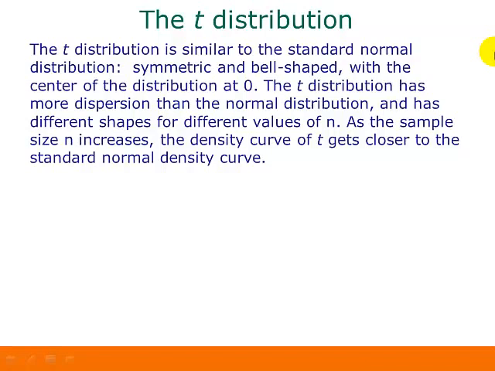The t-distribution is always going to be centered at 0, and the shape of the t-distribution depends on the value of n. But as the sample size n increases, the density curve for t gets closer to the standard normal density curve. In other words, for bigger sample sizes, the t distribution looks more and more like the standard normal distribution.